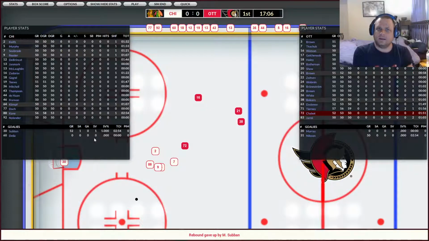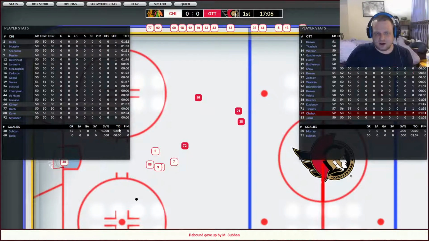But on average, an NHL team is going to score on every 11 shots on goal that you take. So if you take 33 shots on goal, you should expect about 3 goals from your team out of that. But things come into play. Sometimes you're going to score 6 on 25. You never know. But on average, an NHL team scores 1 goal per 11 shots that they take.